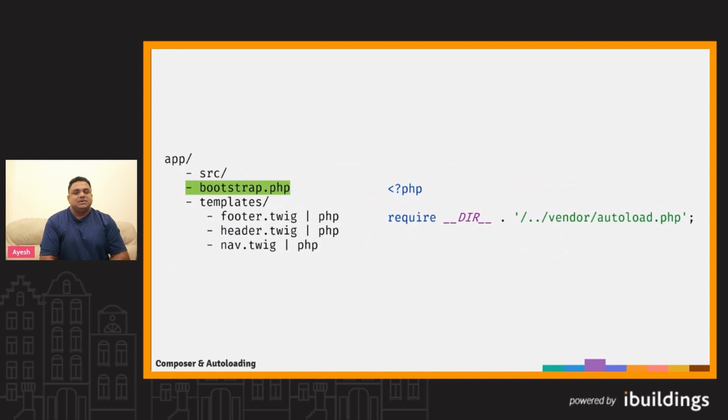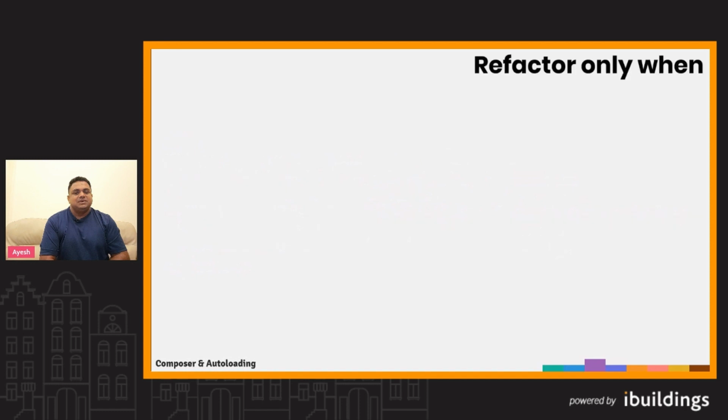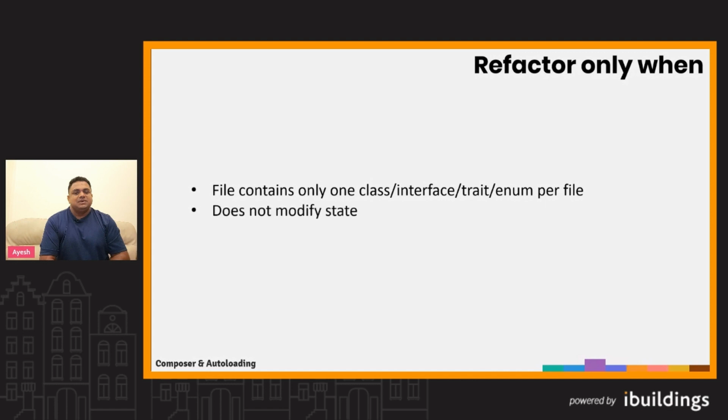So a fair warning though, refactor only when one file has only one class. We will refactor these things later, but for now, on this step, I want you to only refactor if a file contains one class. They should not modify state, as in they should not show any data to the user.